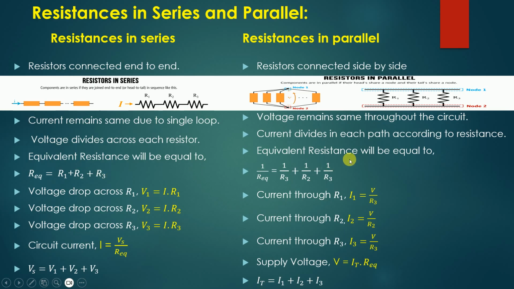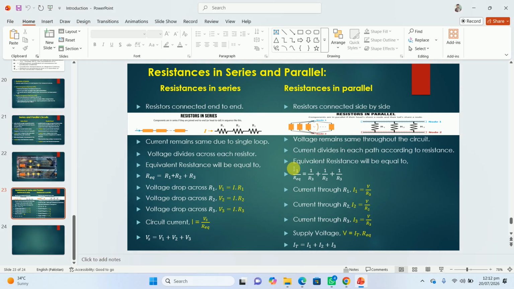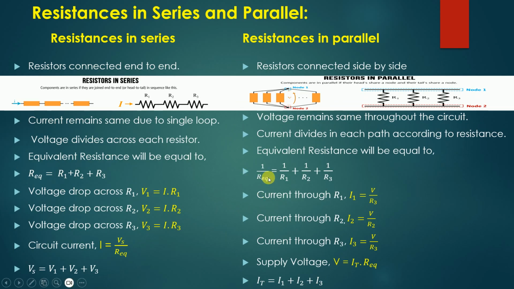Similarly, to find the equivalent resistance in a parallel circuit, the formula is 1 over R equivalent equals 1 over R1, plus 1 over R2, plus 1 over R3.